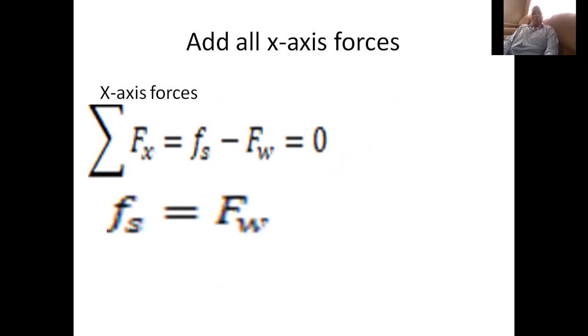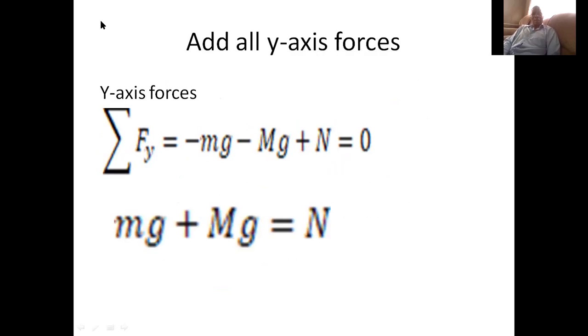Also, we have to add up all the forces in the y-axis. Here, the forces which are pointing downwards are mg for the weight of the ladder and mg for the weight of the object. The one pointing up, which we have stated to be positive here, is the normal force, which is the force exerted by the floor on the ladder.